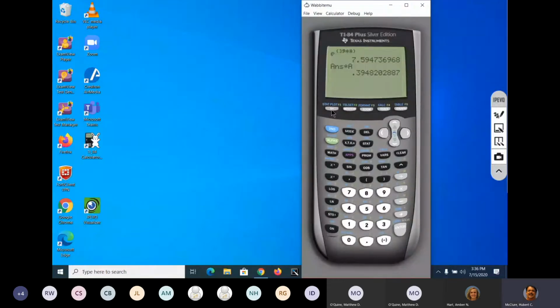So y is equal to x cubed minus 3x squared plus 5.